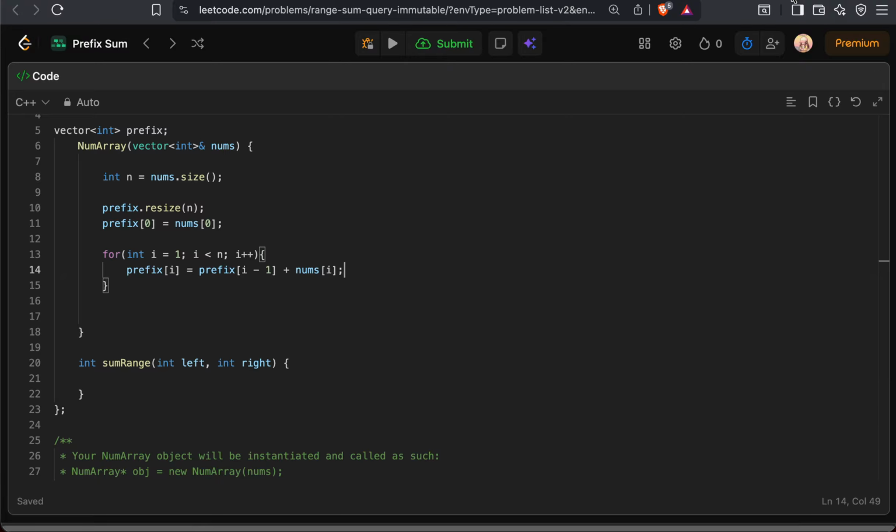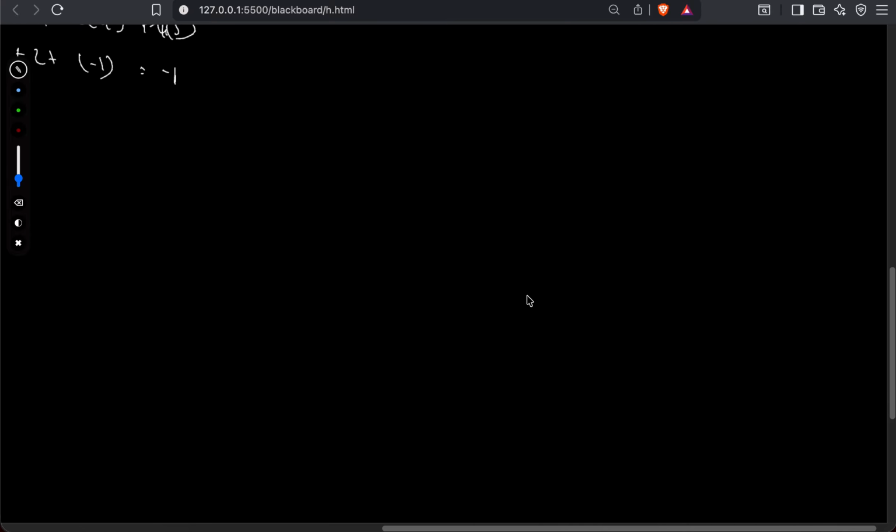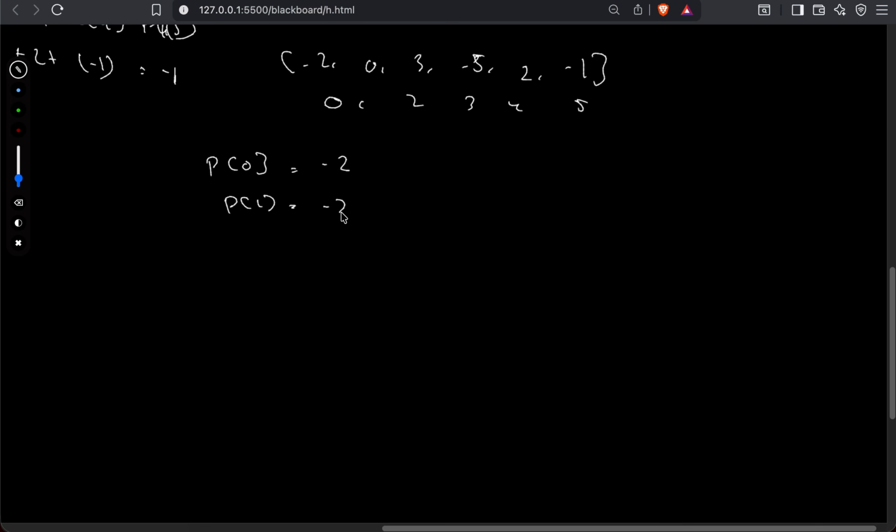Now let's diagram this code. So we have the nums array: 2, 0, 3, negative 5 and 2, negative 1. Indices 1, 2, 3, 4, 5. So prefix of 0 is negative 2. Prefix of 1 is negative 2 plus 0, negative 2. Prefix of 2 is negative 2 plus 3, that is 1.